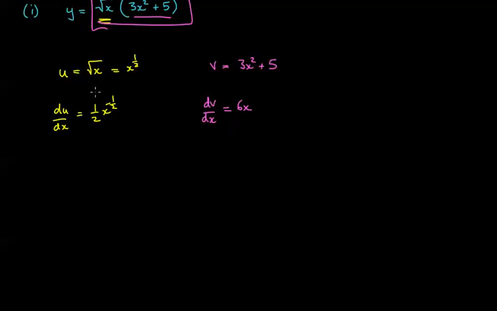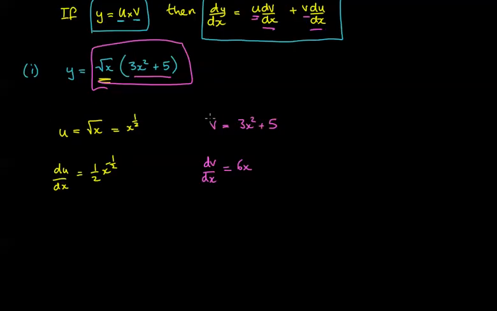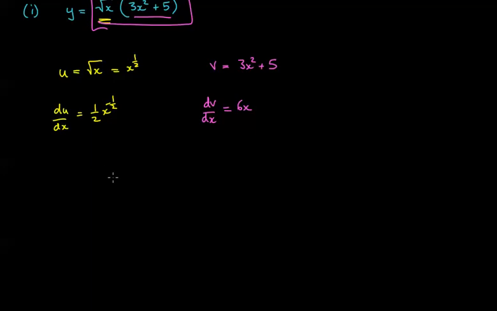Let me do it. I'll rewrite the template out. dy by dx equals u dv by dx plus v du by dx.